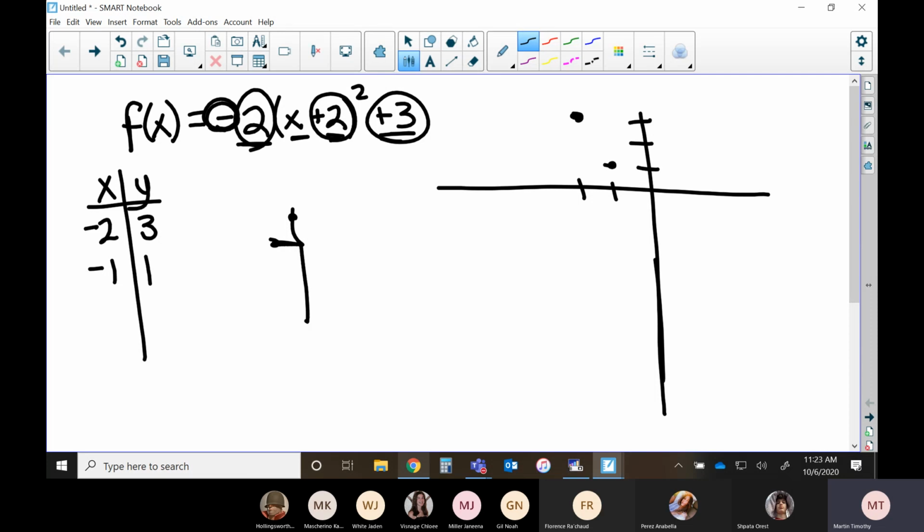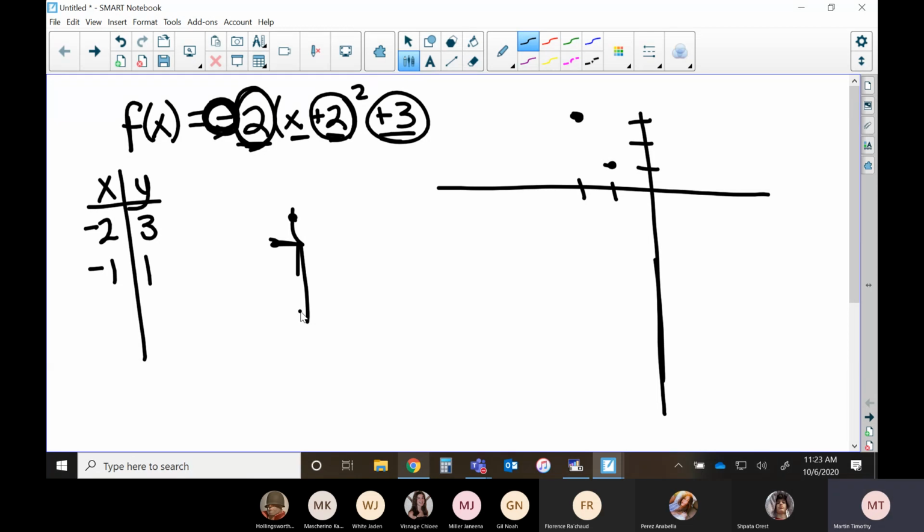Why does it make sense, though? Hey, it's a stretch by 2. It should be doubled. That's what that stretch does. Instead of moving only 1, it moved 2. And also, what else? Negative. What did the negative do? Instead of moving it up, it made it move down. It's everything that I thought should have happened. Are you with me on this?